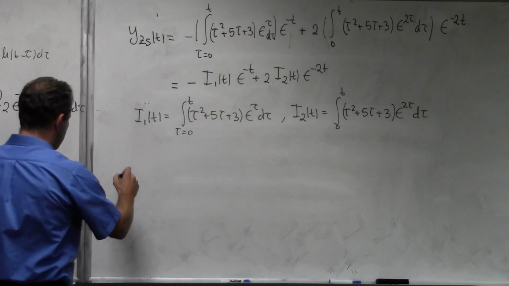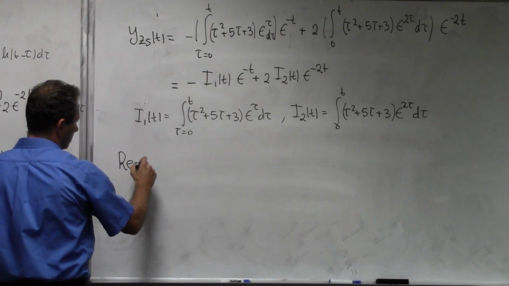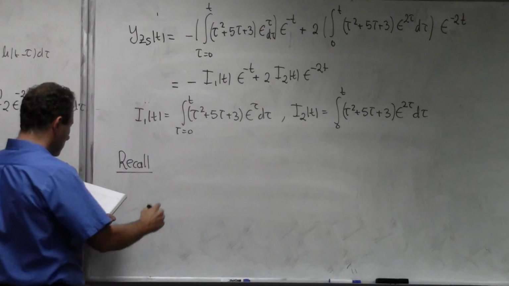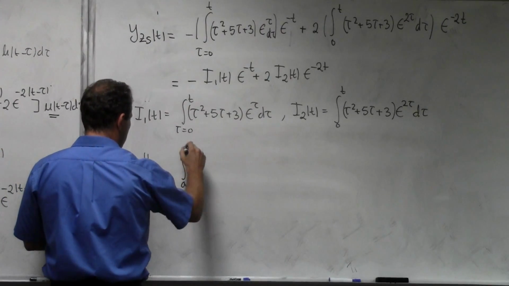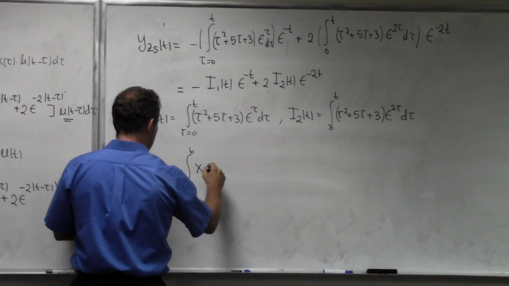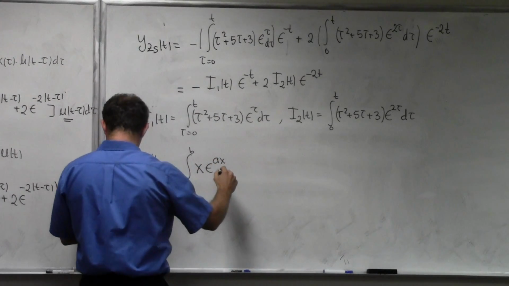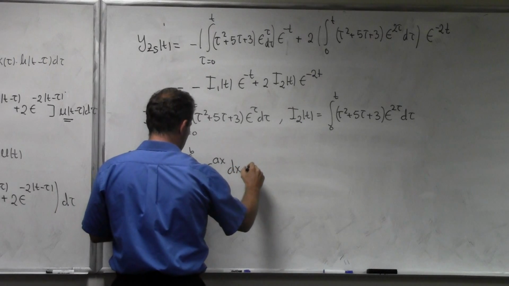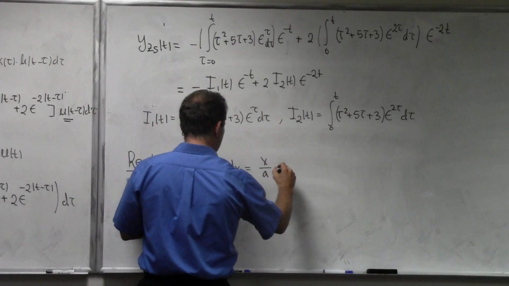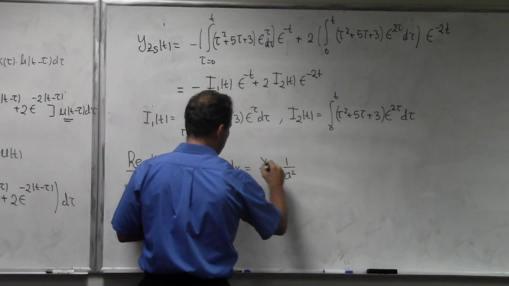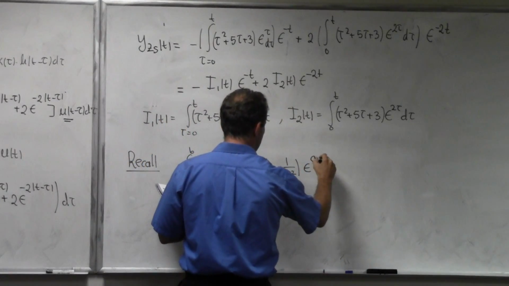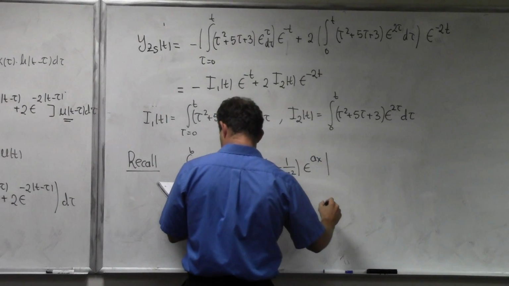Now, recall this. This is somewhere in the calculus book that says an integral from a to b of x times e to the ax dx is equal to x over a minus 1 over a squared e to the ax from a to b.